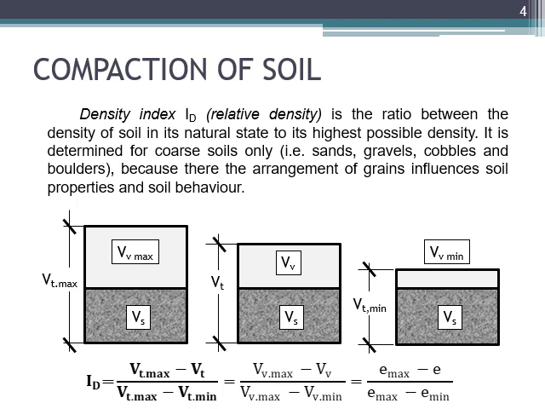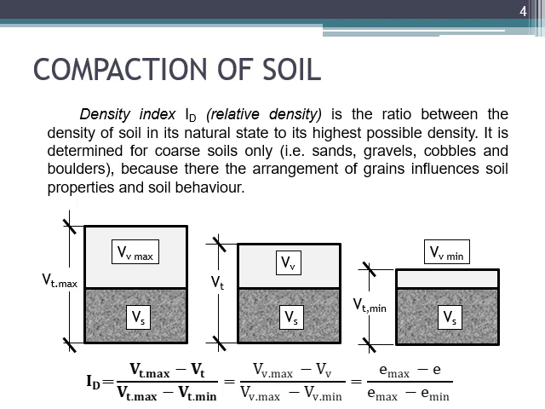So in the literature, you can find both expressions. The density index is the ratio between the density of soil in its natural state to its highest possible density. It is determined for coarse soils only, as I said, because here the arrangement of grains influences the soil properties and the soil behavior.